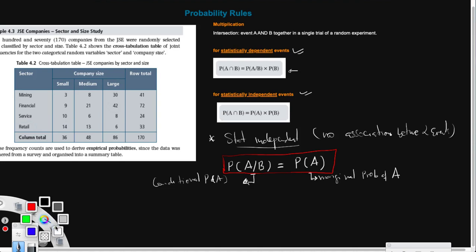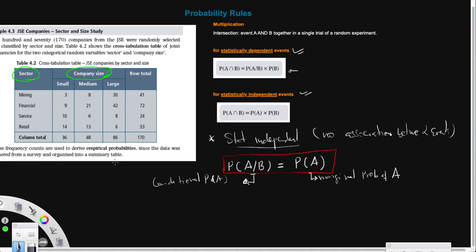So now let's look at a question where we would actually test for dependence. If we asked ourselves, is company size statistically independent of the company sector? This is what we're testing now. We're trying to see if the size is actually independent of the sector. The way we're going to do it, we choose one outcome of each of the events to put this to the test.